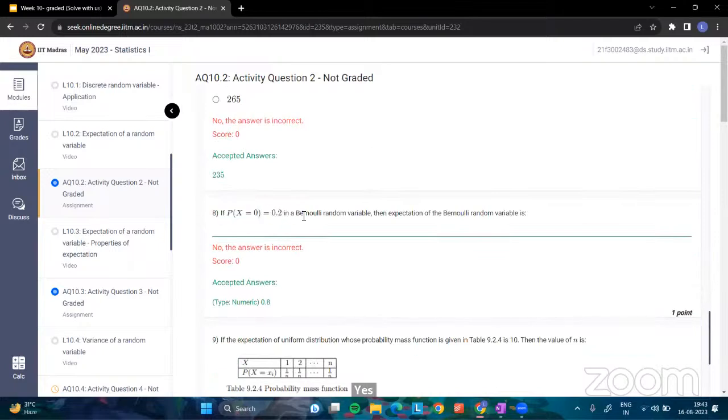If the probability of x equal to 0 is 0.2 in a Bernoulli random variable, then what is the expectation of the random variable? In a Bernoulli distribution, we can only have 0 and 1, right?